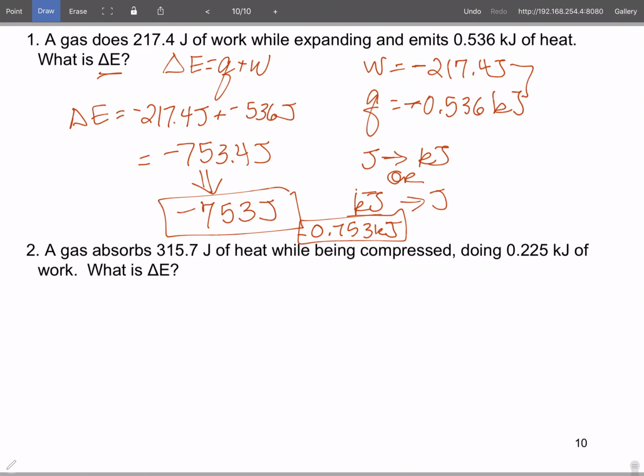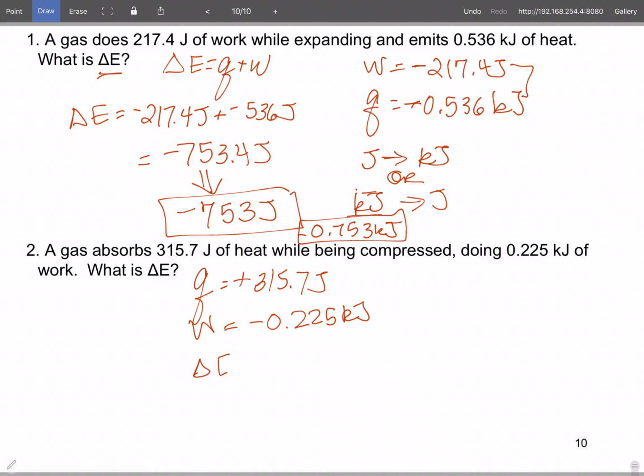Okay, so a gas absorbs that much heat, so the Q is going to be positive 315.7 joules while being compressed, but it's doing 225 kilojoules of work. Okay, so again, it doesn't matter whether I leave this in joules or kilojoules, but I have to convert it one way or another because they have to add. So in this particular case, I'll go ahead and convert.